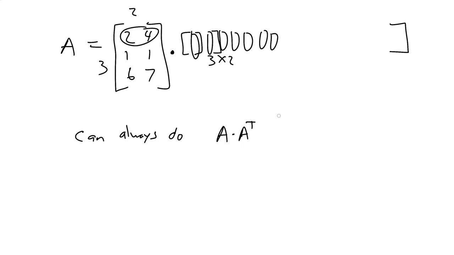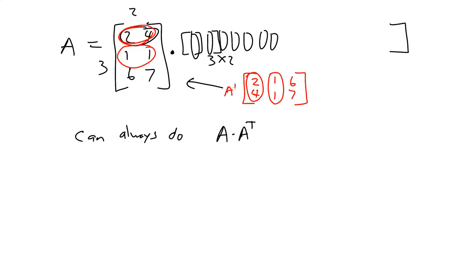Remember, A transpose is the transpose of a matrix, meaning interchange the rows and columns. So if this right here is A, then that means A transpose is going to be a 2 by 3, which has all of the rows as columns instead of columns as rows, right? So we're just flipping them around. So here I have the first row being 2, 4. I'm going to say now I have the first column 2, 4. Here I have the second row being 1, 1. Here the second column is 1, 1, etc., right?